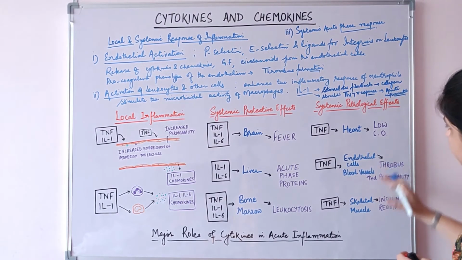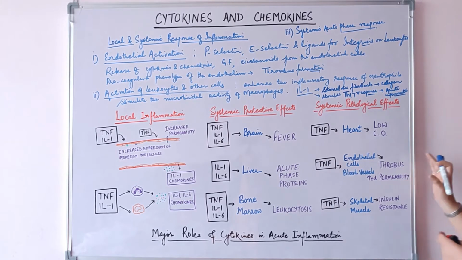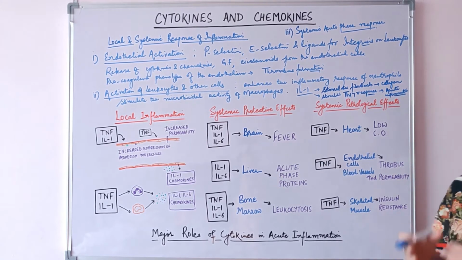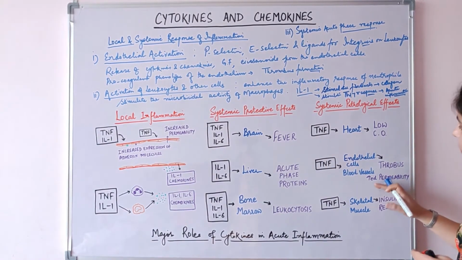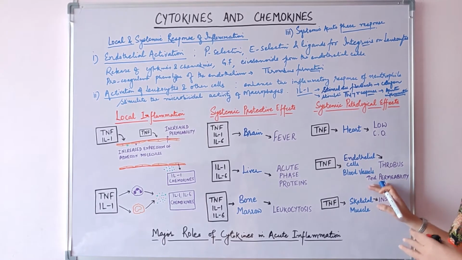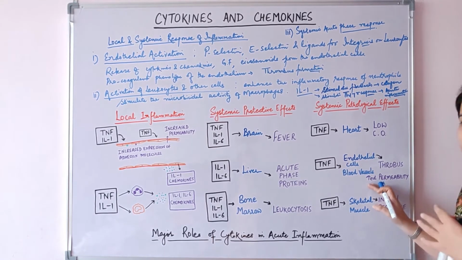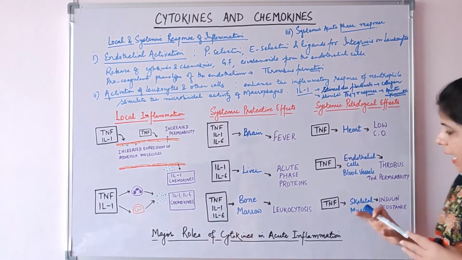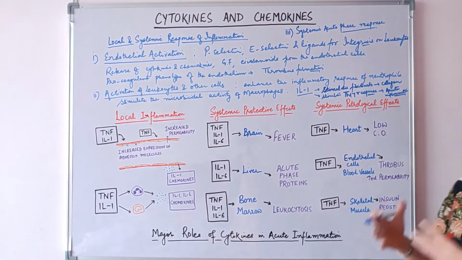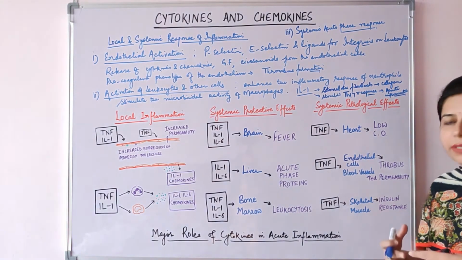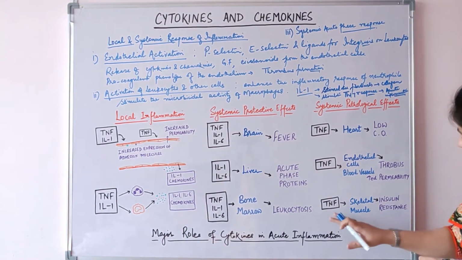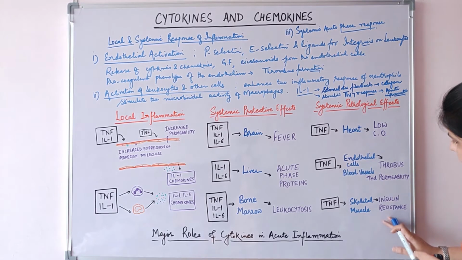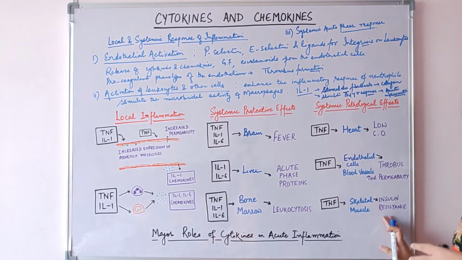So all these factors, the systemic hypotension, the microvascular thrombosis, interstitial edema, they all lead to systemic hypoperfusion, which lead to tissue ischemia, and when combined with the metabolic derangements, this can lead to multi-organ failure. Also, it causes insulin resistance and hyperglycemia.